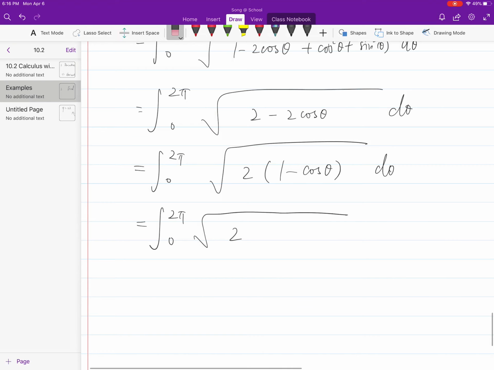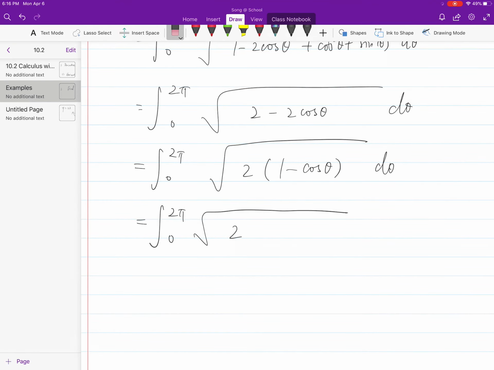I'm just going to try to save some time here. But really, you know this, okay? 1 minus cosine theta, that is the half angle formula. Do you remember which one? Right, so sine squared theta over 2 is going to be 1 minus cosine theta over 2.